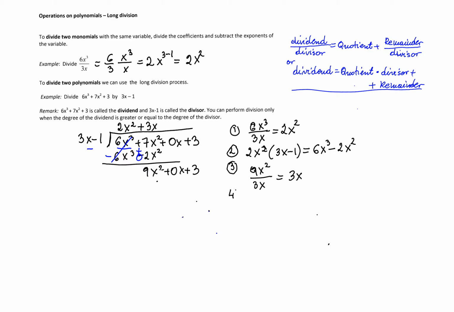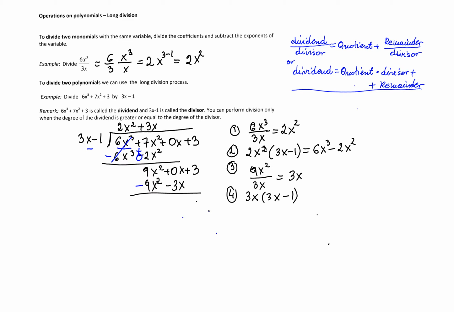And now we multiply 3x by 3x minus 1. I will perform that multiplication, already writing the answer underneath my second dividend. So we'll have 9x squared minus 3x. And we subtract now.